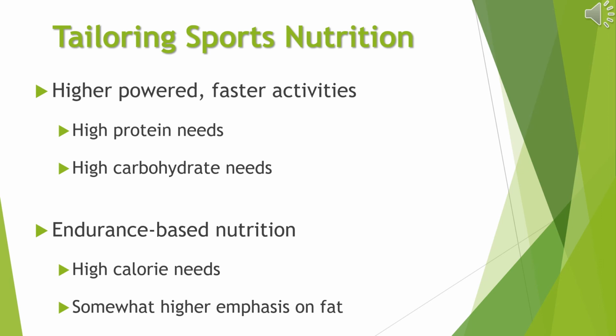Now, generally, the amount of protein that a strength-based athlete should consume is no more than 2 grams of protein per kilogram of body weight. The way to find that out is to take your weight in pounds, divide that by 2.2, that gives you your weight in kilograms. Then you multiply this number by 2, and that gives you the maximum amount of protein that you should be getting each day.